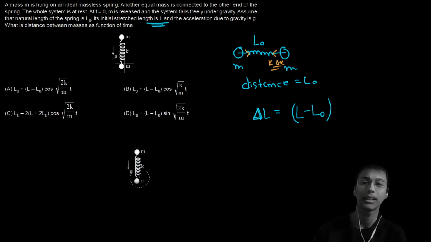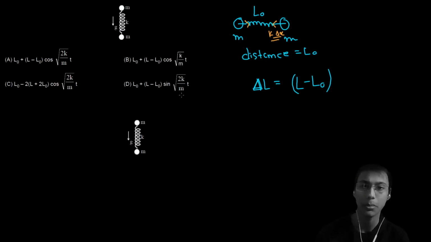Let me draw another diagram here. This is a magic tool that helps me draw diagrams, or rather copy them. See, this entire system is free falling, right? So 2mg is a constant force throughout the system.